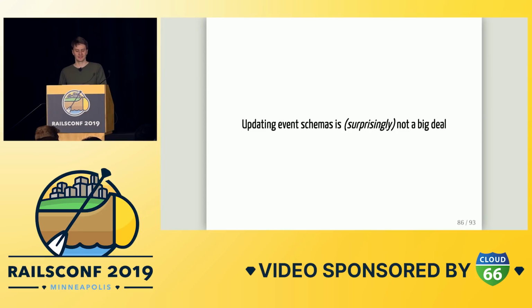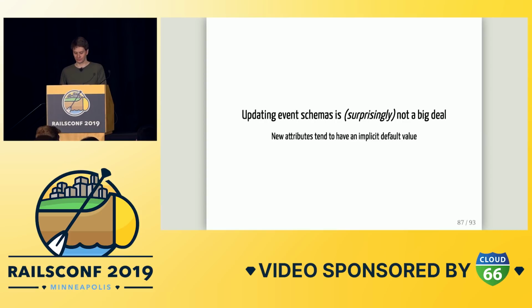Updating event schemas was surprisingly not a big deal. A lot of people ask me about that and say, hey, you're saying that events are immutable, but over time, you're adding more and more data to it, new attributes. How do you deal with that? It turns out that most of the time, new attributes have an implicit default value.